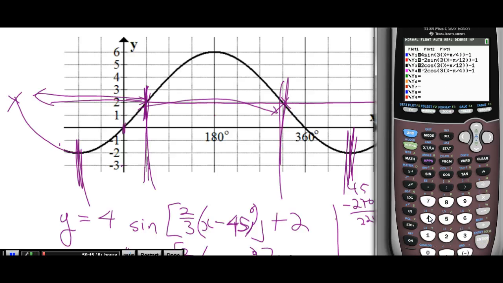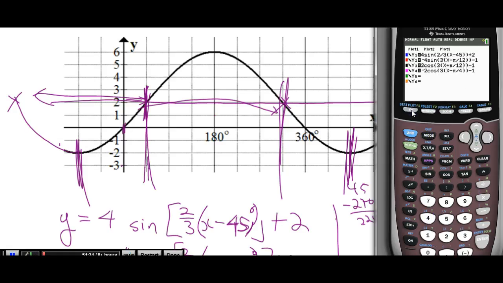Okay, what have I got? 4 sine, okay, I need 2/3. 1 point here, okay? So insert 2 divided, so 2/3 x minus 45 plus 2. Hate this thing. So -4 2/3.